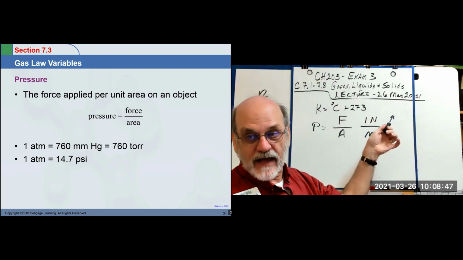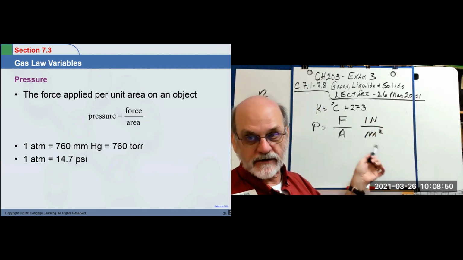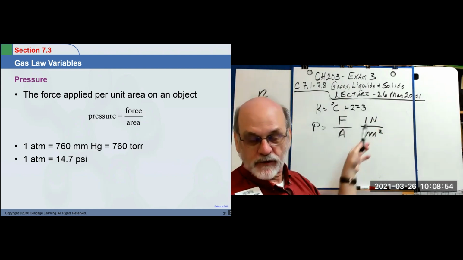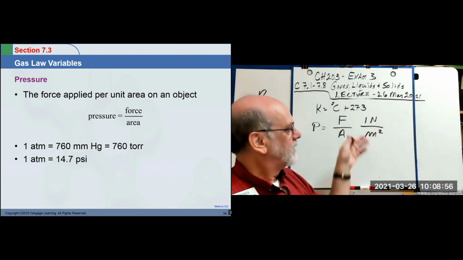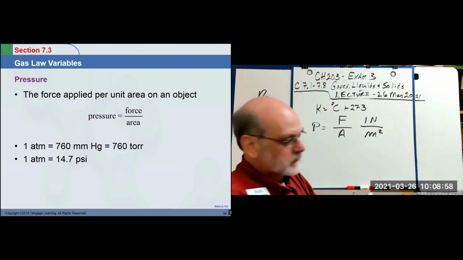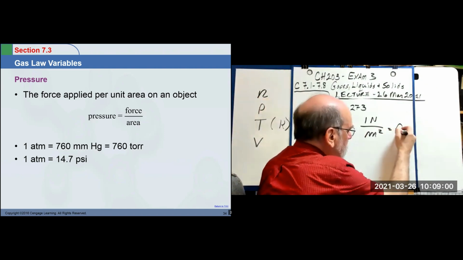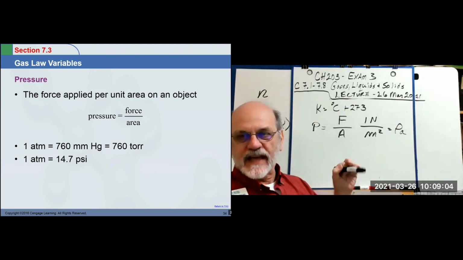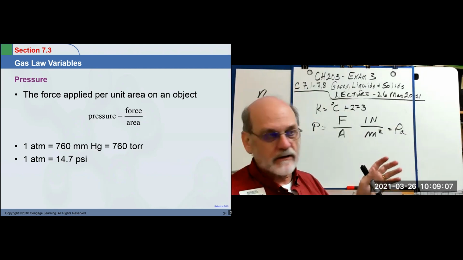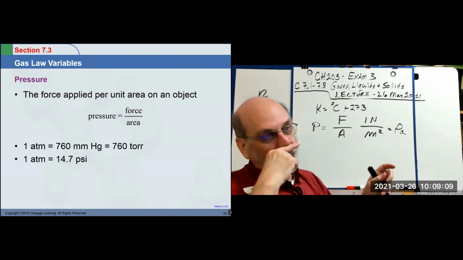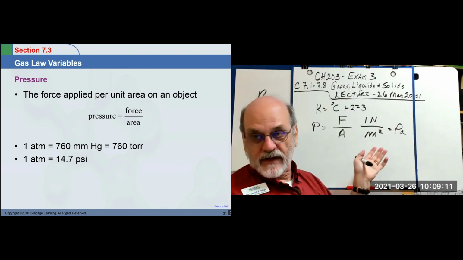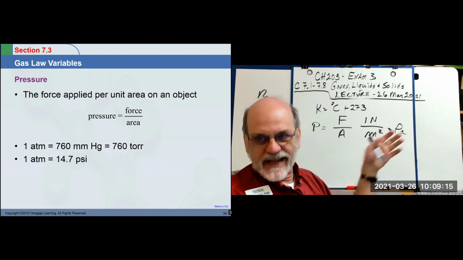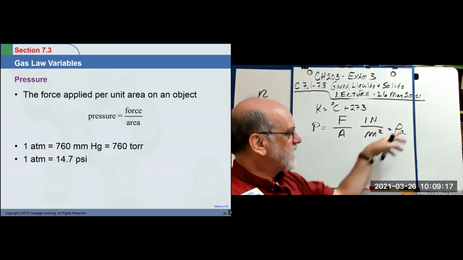Because Newton is an SI unit, and meters is the standard SI unit. So newtons per square meter would be the force per unit area. Now, this is given a special name, Pascal. It's named after a scientist, mathematician. Actually, he was a polymath. He's just given credit, and they named this unit after him. But that's what it's equal to.